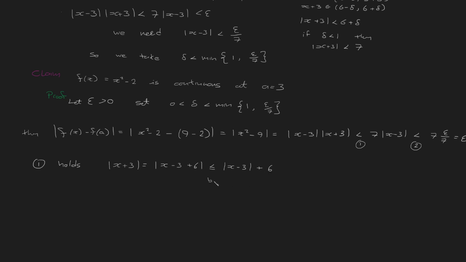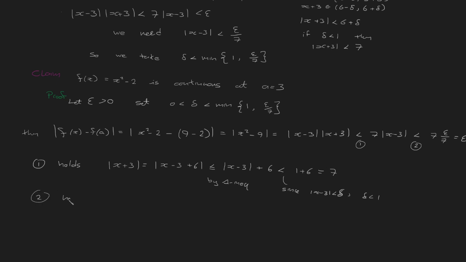And so this is by triangle inequality. But now I know something about x minus 3, which is that this is less than delta. So in turn, this is less than 1 plus 6, since x minus 3 is less than delta, and delta is less than 1. And so indeed that is 7, so that gives me the inequality.